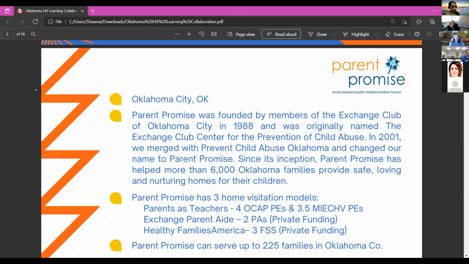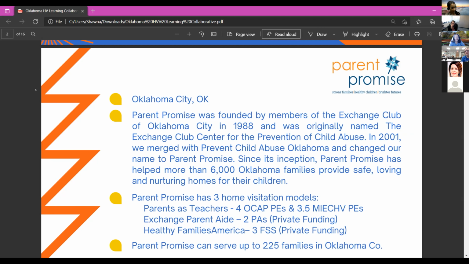Since then, we've served more than 6,000 families, and that number's actually increased, but I didn't get that changed in time. We currently have 3 home visitation models. Parents as Teachers is our largest, with 4 OKC parent educators and 3.5 MIECHV. Our parent aide program serves up to age 12, and we have 2 parent aides.